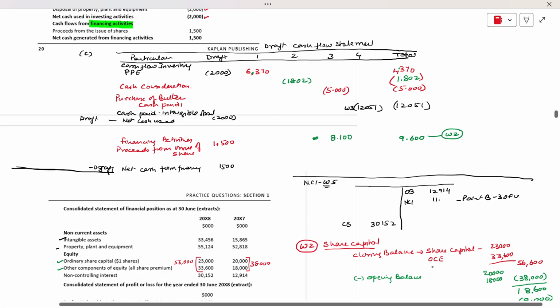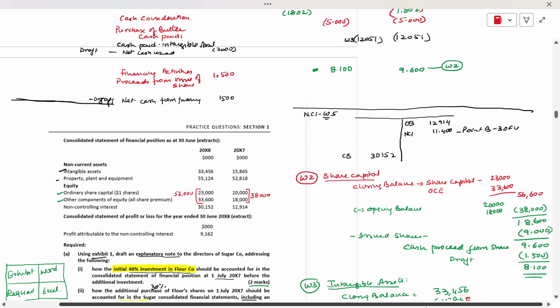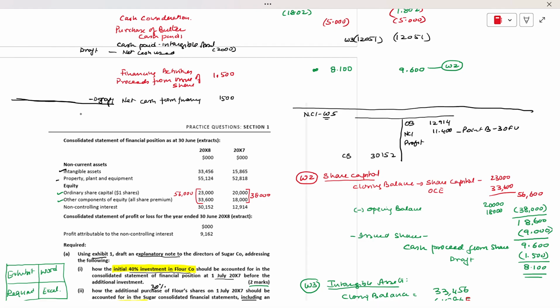How much is there? 11.4. Okay, 11.4. Next. They have given NCI here. Profit attributable to NCI is how much? 91. This is the profit attributable. 9162. Okay, 9162.